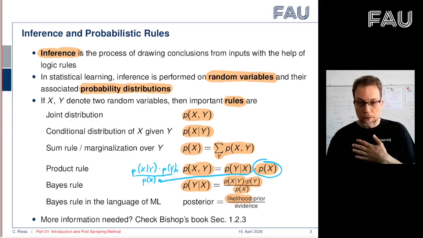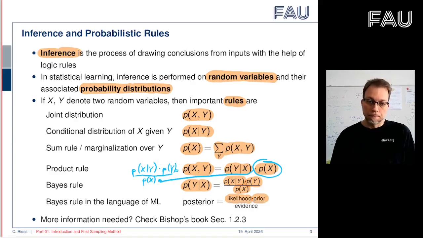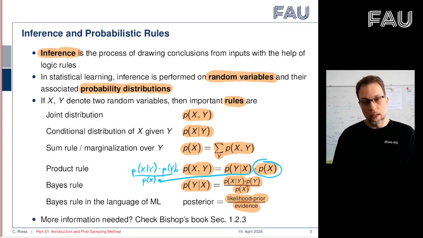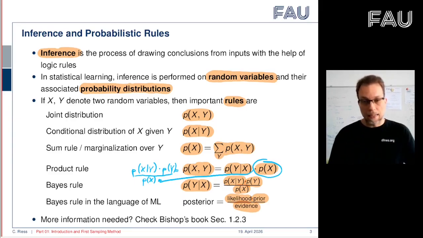I have to moderate this a bit with the prior probability that y could be the generating process at all. Then I would have to normalize this by the probability that I would be seeing a data point like x at all.